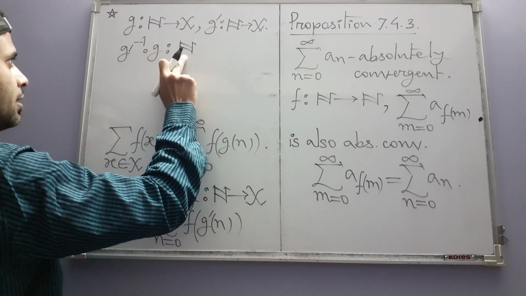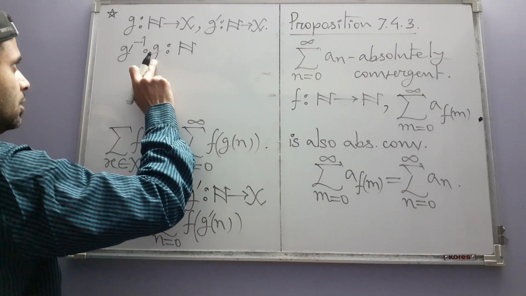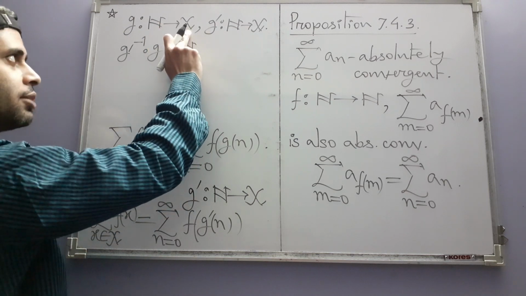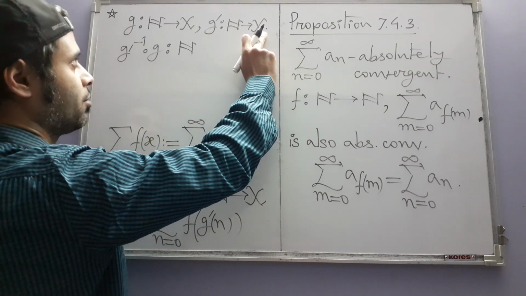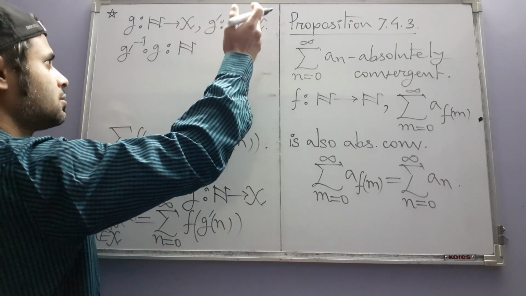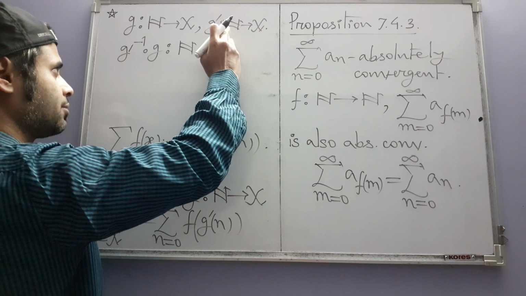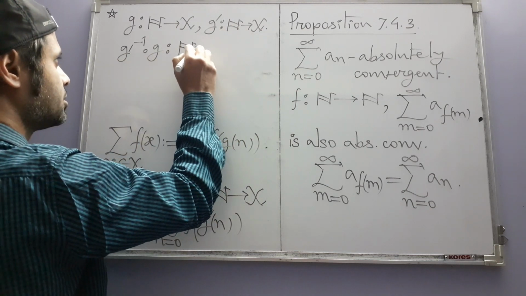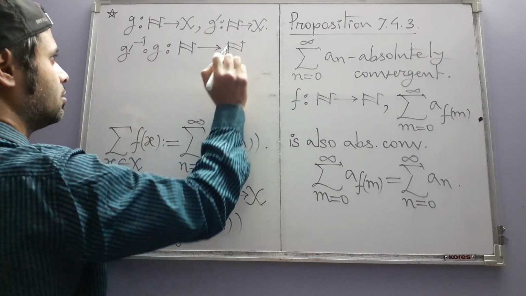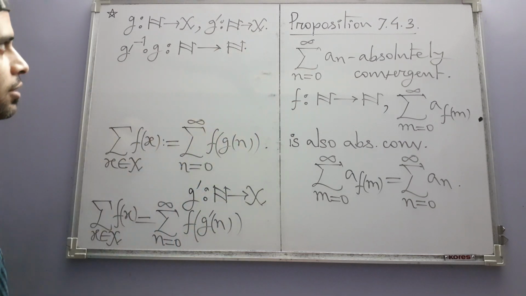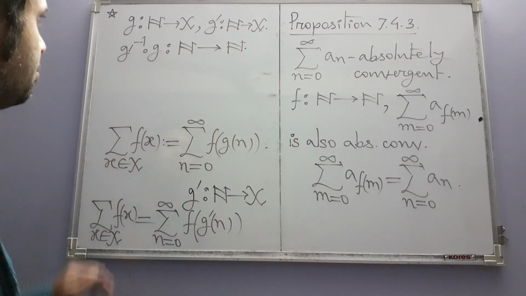So you take a natural number, apply g to it, you are going to get an element of x. So now you are here. On that, if you apply g prime inverse, then that will take you back to n. So that means this composition maps n into n. Is it a bijection? Yes, it is a bijection. Why?